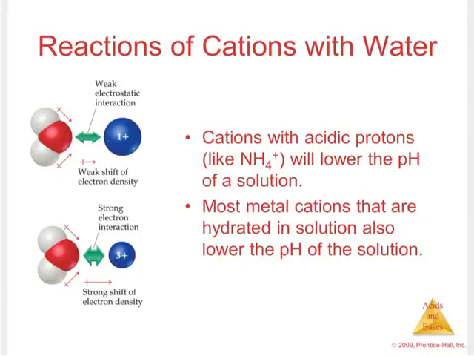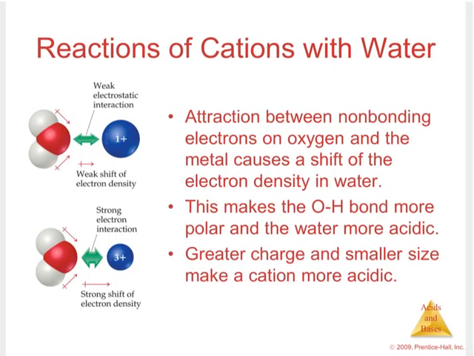The cations, or positively charged ions, reacting with water, like ammonium, which has an ionizable hydrogen, will act as an acid and lower the pH of a solution. And of course, we learned this before too, that metals in solution, also in water, tend to behave as acids.